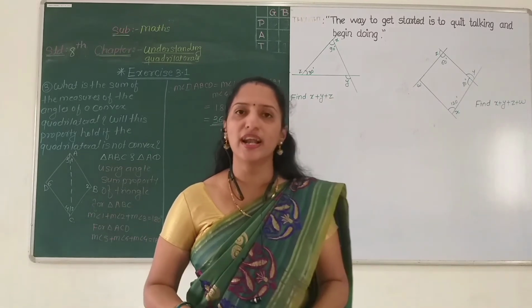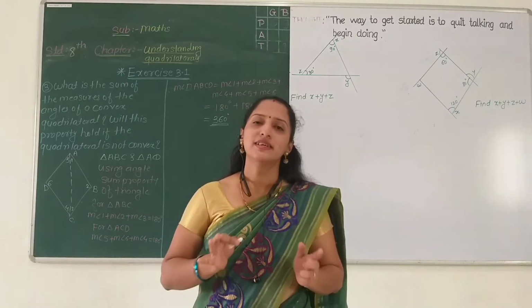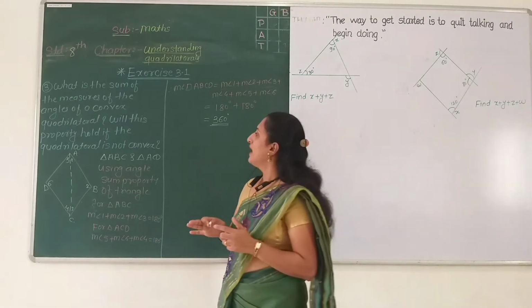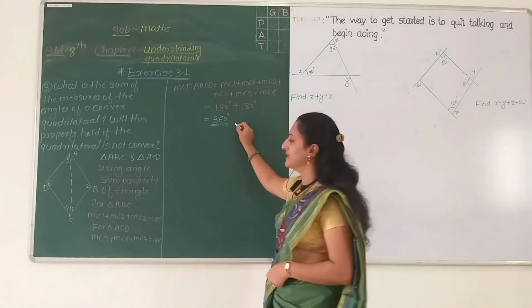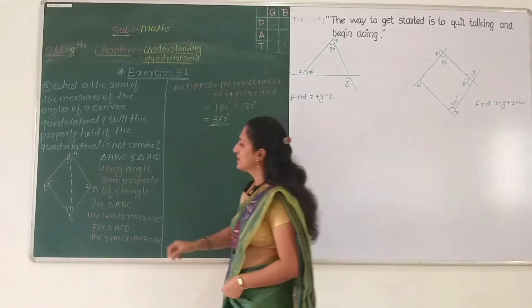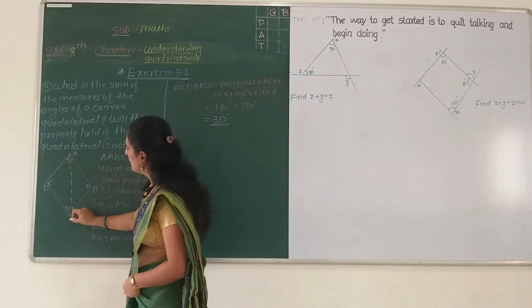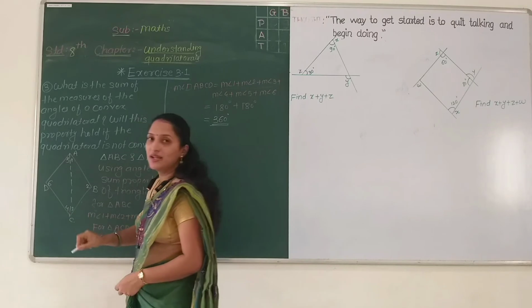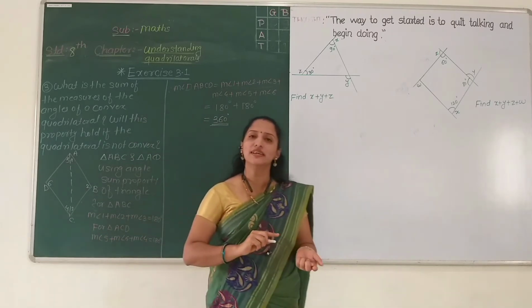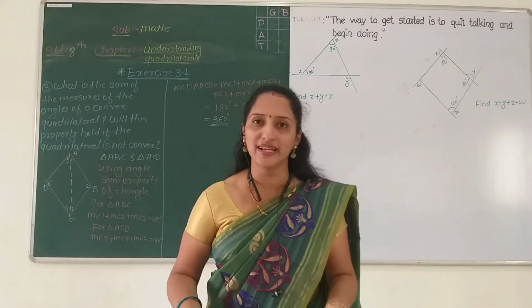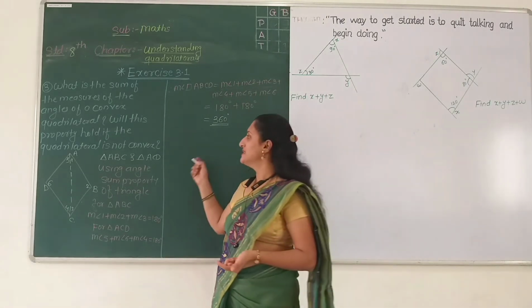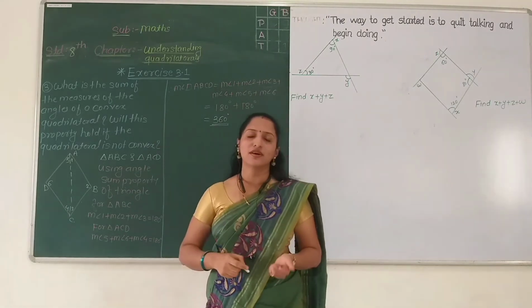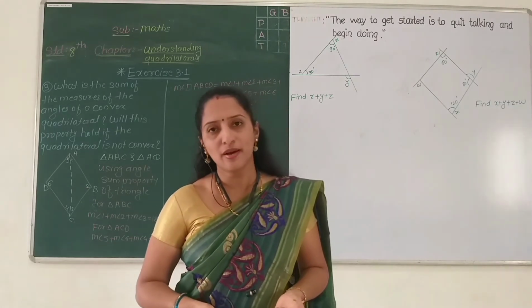If our quadrilateral is convex, then the sum of the measures of its angles is 360 degrees. For this, we drew one diagonal and divided the quadrilateral into two triangles, and using the angle sum property of a triangle, we can easily find the angle sum of a convex polygon.